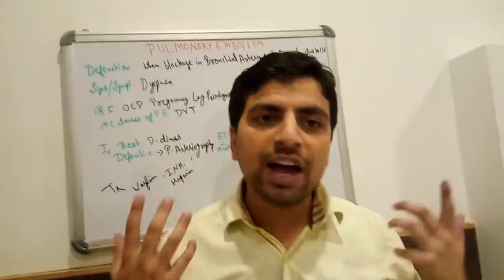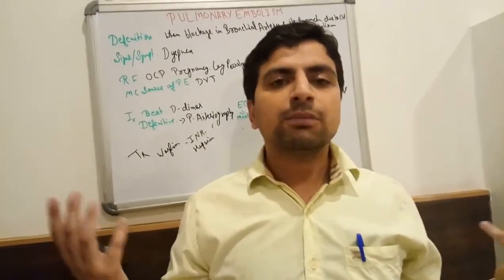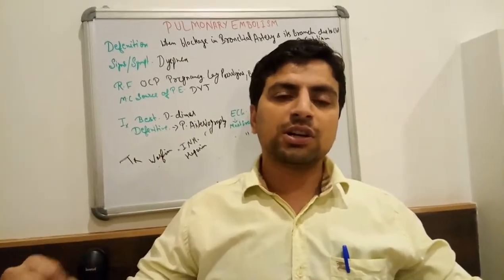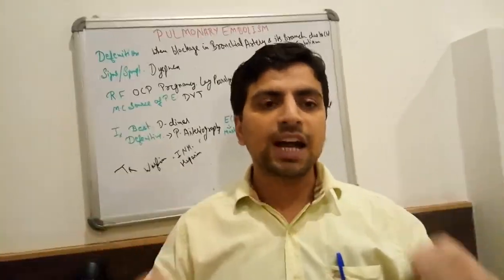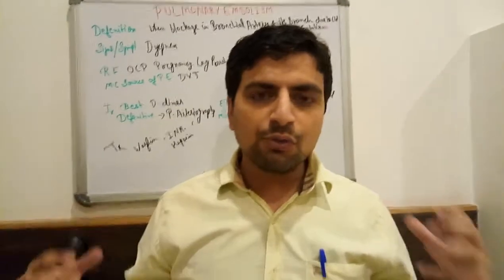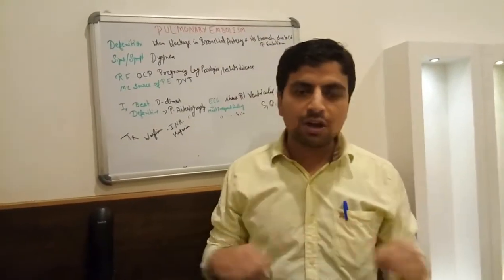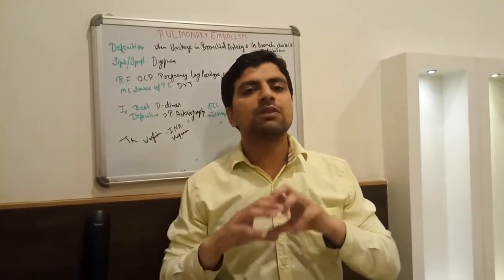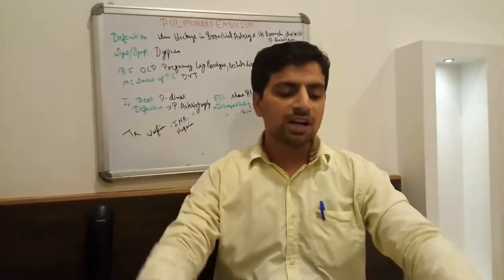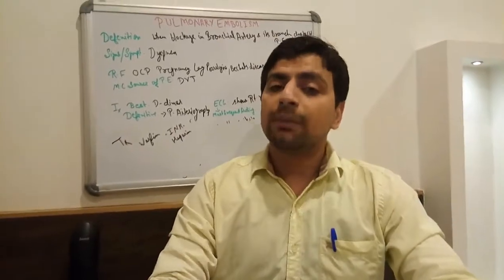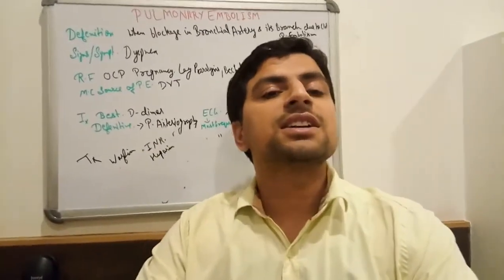Prolonged sitting. Why is prolonged sitting a risk factor? Because the clot is forming at that time, and if you do some exercises, the clot will dissolve easily, but otherwise that clot will travel and get stuck in the pulmonary artery, my dear friends. Malignancy, these are the risk factors.